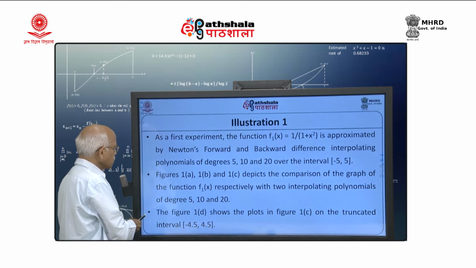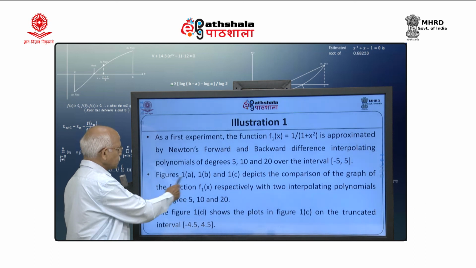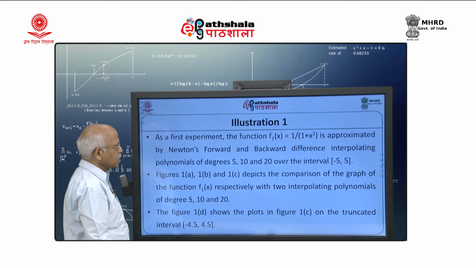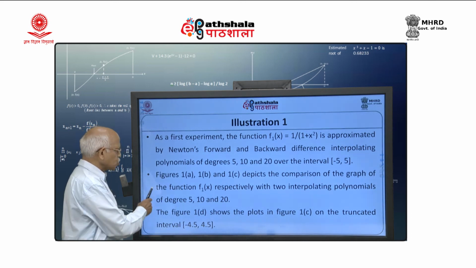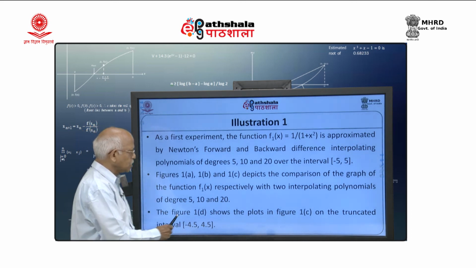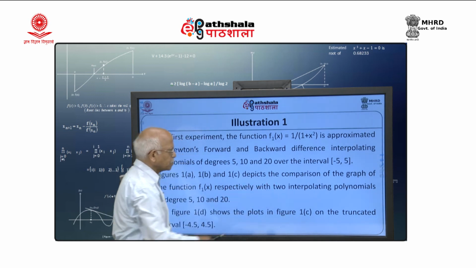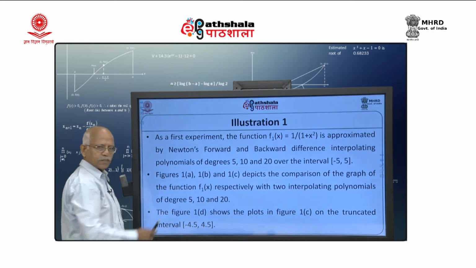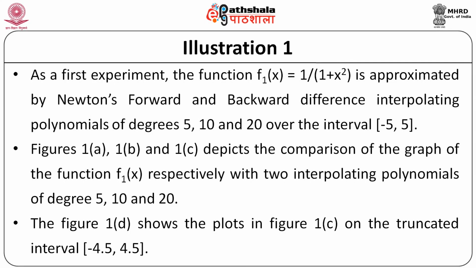So, I am giving 3 figures, 1a, 1b, 1c, which depict the comparison of the graphs of the function f1(x) with the interpolating polynomials of degree 5, 10 and 20 respectively, on the interval minus 5 to 5.